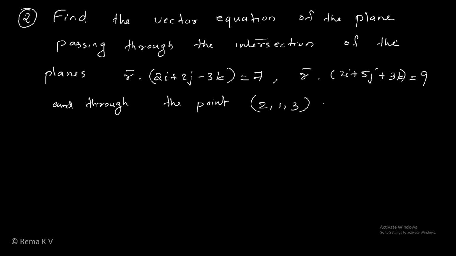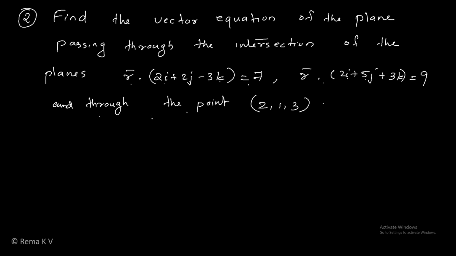Find the vector equation of the plane passing through the intersection of the planes r dot 2i plus 2j minus 3k equal to 7 and r dot 2i plus 5j plus 3k equal to 9 and through the point 2, 1, 3.